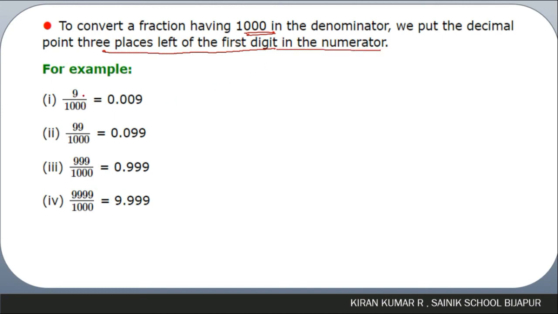So 9 is the only digit. To make it 3 places, 2 more zeros are included along with the 9 after the decimal point. Here 99, so 0 is taken, so that there are 3 decimal places. Here in each case there are 3 decimal places.